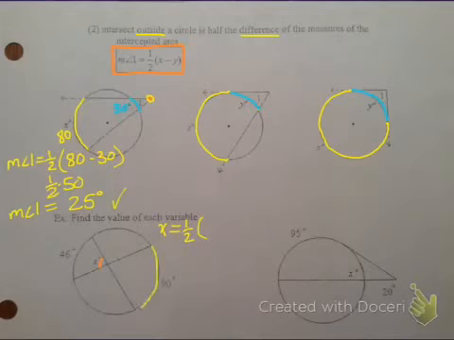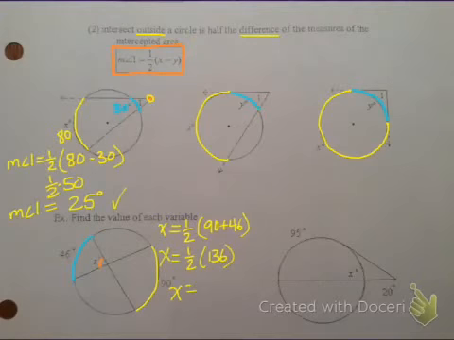So we've got our larger arc and our smaller arc here. So we've got 90 plus 46. Okay, so that's 136, so I want 1/2 of 136, which is 68 degrees. So the measure of that x is 68 degrees.